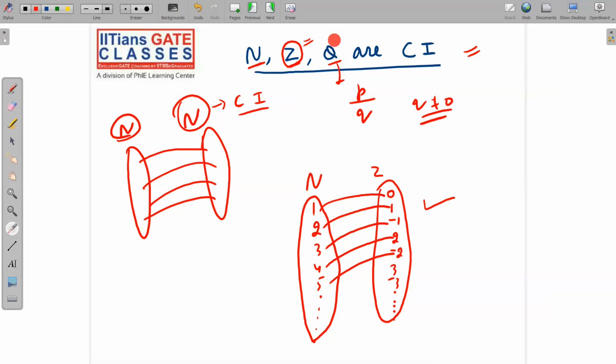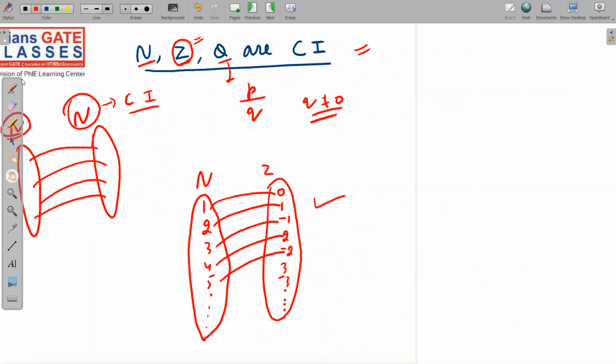Now, what about the set of rational numbers, that is, p by q form? Just try to think about it. Why is the set of rational numbers, or p by q form, countably infinite? Let me give you just an intuitive idea. You may think: 1 by 1, 1 by 2, 1 by 3, 1 by 4, dot dot dot.